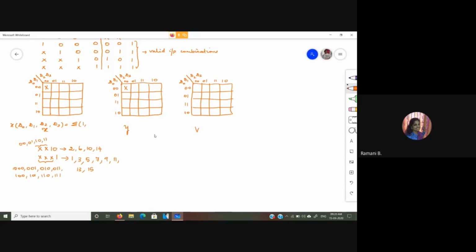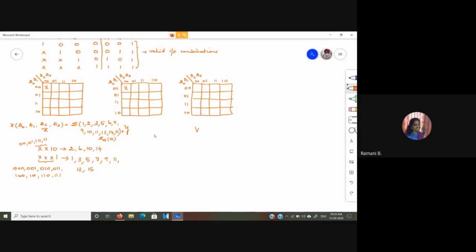I am just arranging it. 1, 2, 3, 5, 6, 7, 9, 10, 11, 13, 14, 15. Okay? This is what is the minterm combination for X, and you have a don't care at 0.